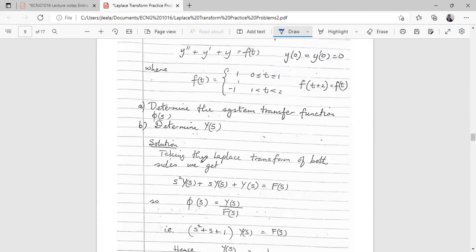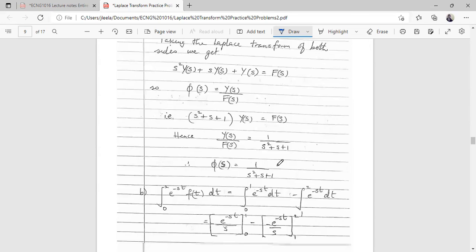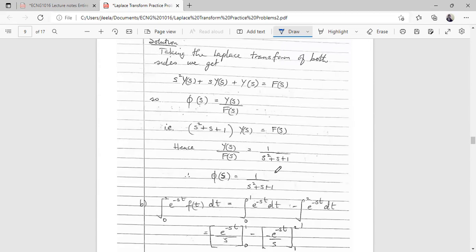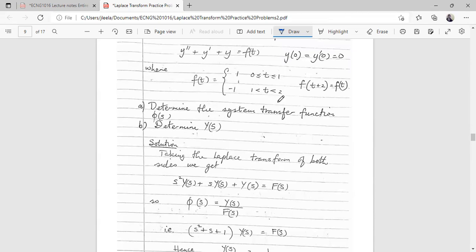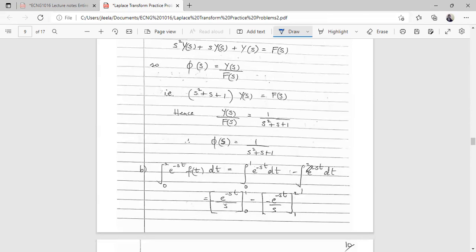So you need to break it up into the integral between 0 and 1, where it's defined to be 1, and the integral between 1 and 2, where it's defined to be minus 1. That is why I pull out the minus here. So it will be the integral of e to the minus st dt minus the integral of e to the minus st dt, the first limit between 0 and 1, and the second between 1 and 2.